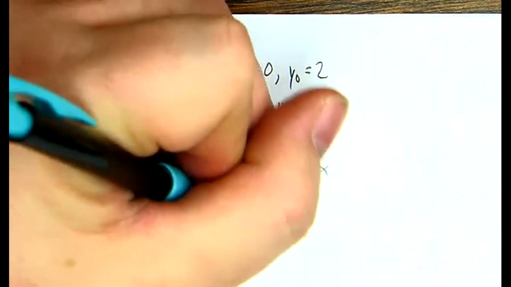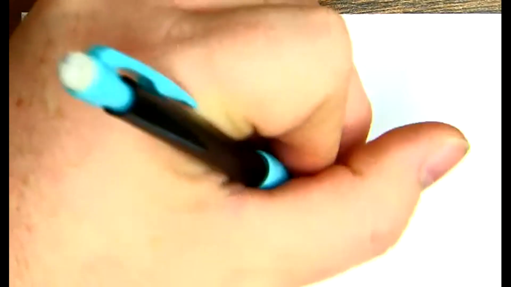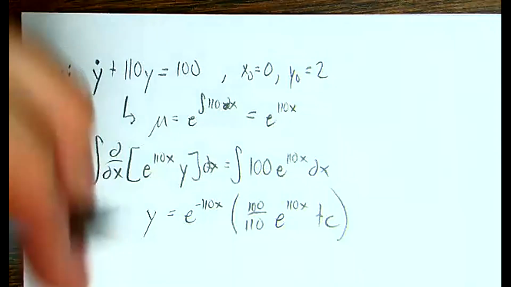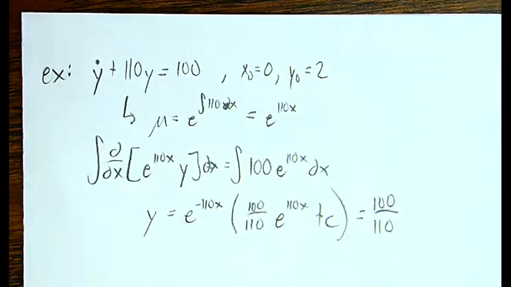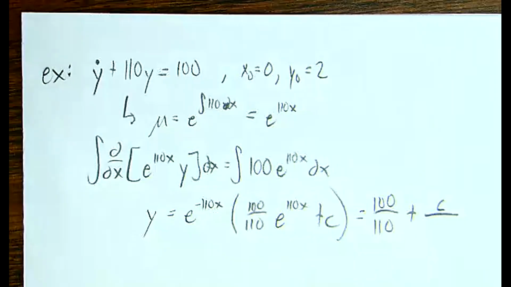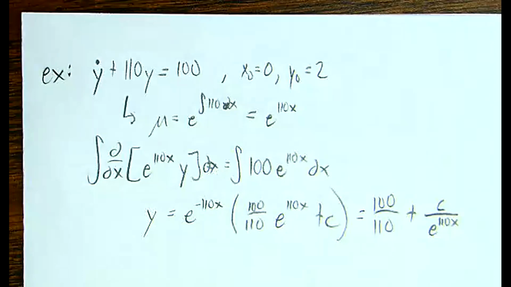So 100 divided by 110. And so we get 100 over 110 plus c over e to the 110x.